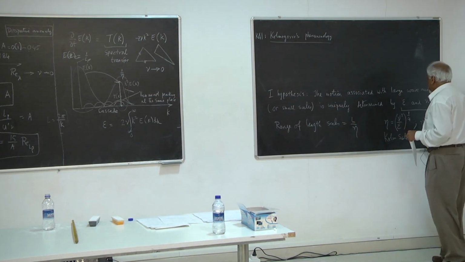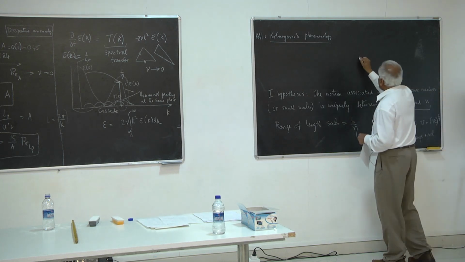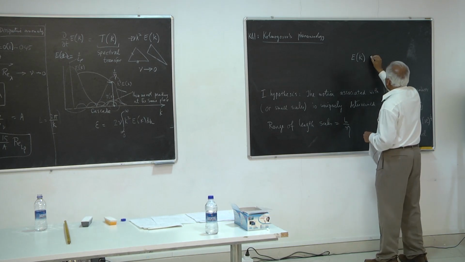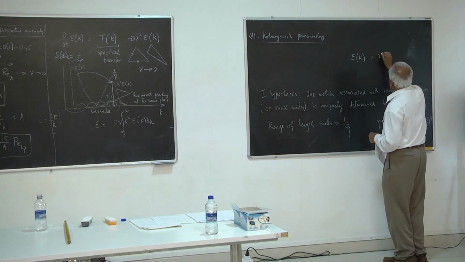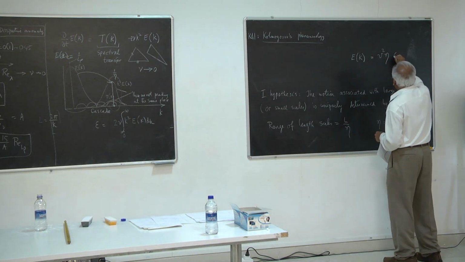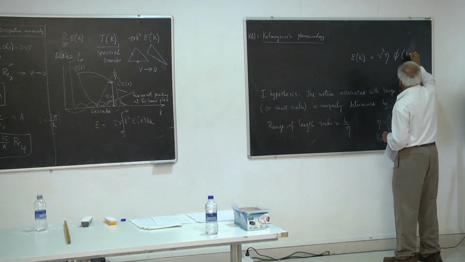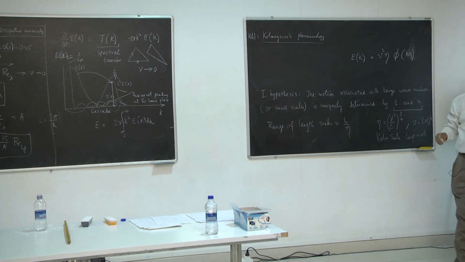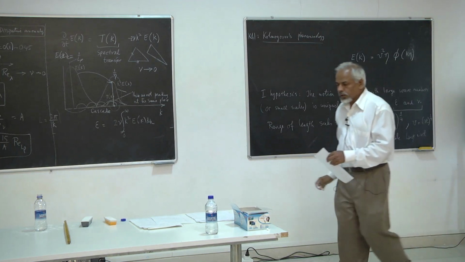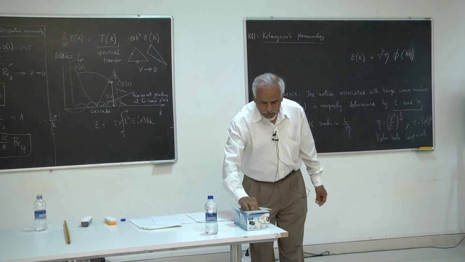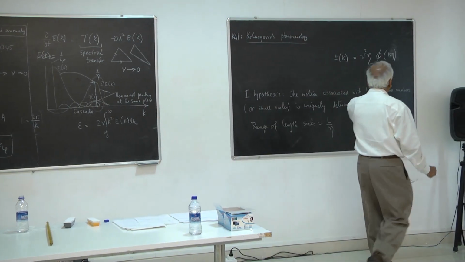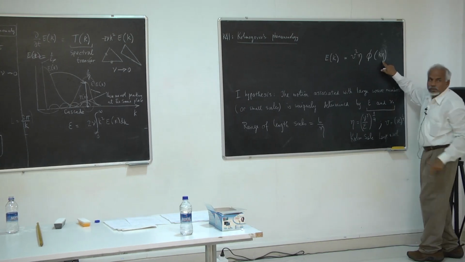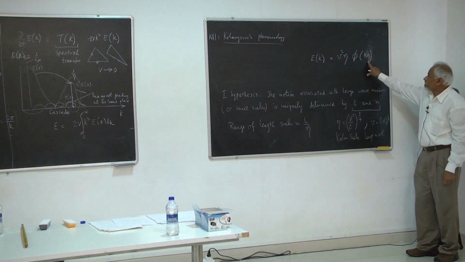So the important consequence of this is E of k for large wave numbers would have to be of the form v squared eta phi of k eta. This is the only way you can write the spectral density that depends only on v and eta. k has the dimensions of 1 over length, so it is normalized by eta.